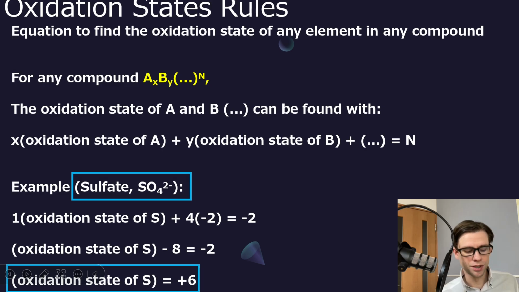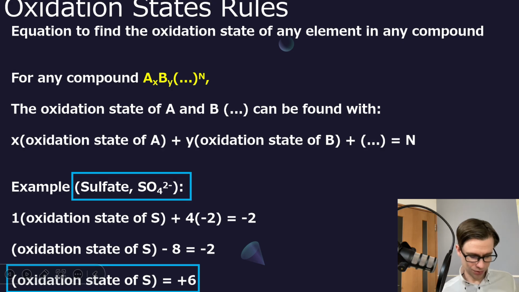If you have any compound, AxBySZ and so on, all with a charge of n in the top right, the oxidation state of A and B and whatever else can be found with x multiplied by the oxidation state of A, plus y multiplied by the oxidation state of B, plus z multiplied by the oxidation state of C, and so on until you've covered all the atoms. That will equal the total charge on the complex, the compound. That's rule 2 and 3.